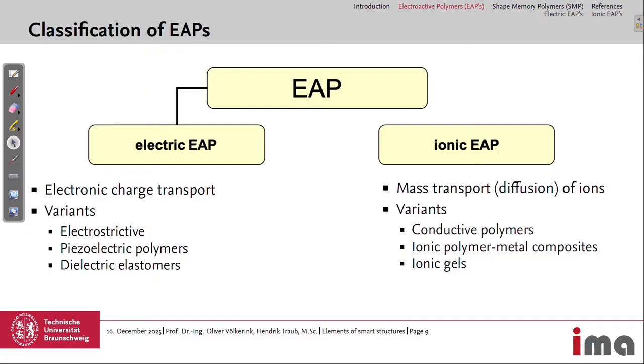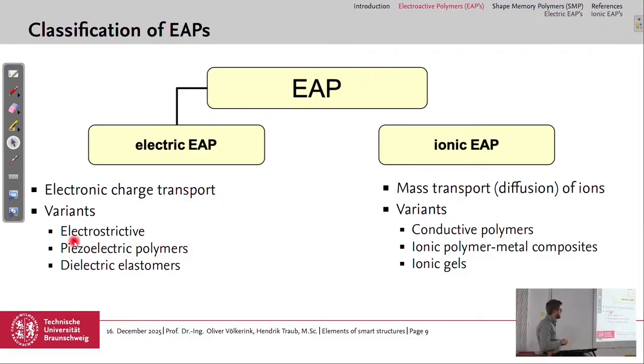We can classify the electroactive polymers into electronic electroactive polymers and ionic electroactive polymers. So here's a line missing, but I think you will also get it. Electronic electroactive polymers work due to an electric charge transport and can be electrostrictive, or piezoelectric polymers like the PVDF material, and we can also have dielectric elastomers between two electrodes.